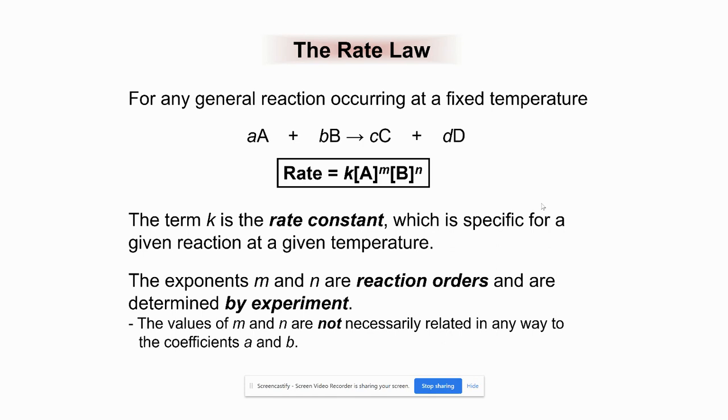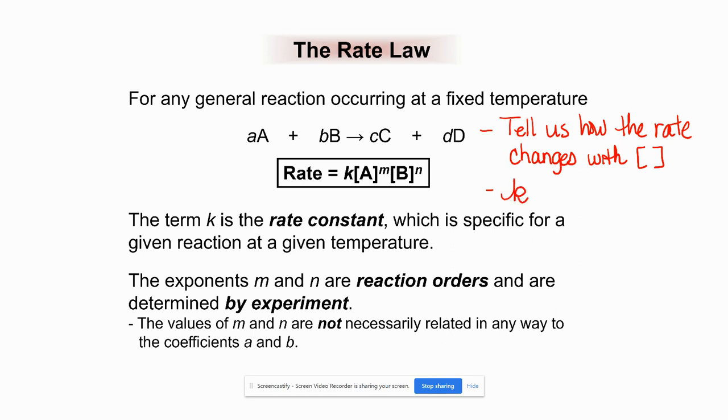So I'm going to write that up here. It's going to tell us how the rate changes with concentration. The other important thing is it's going to give us a proportionality constant called K, which is the rate constant.